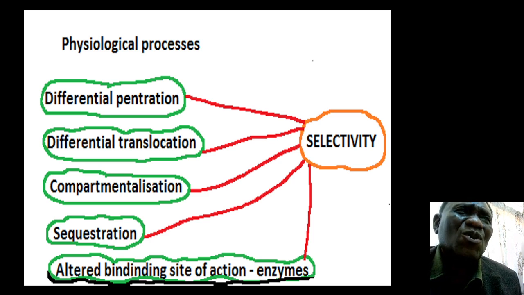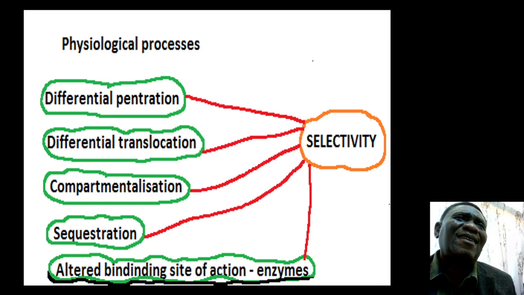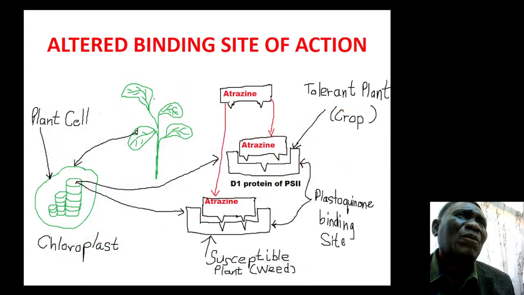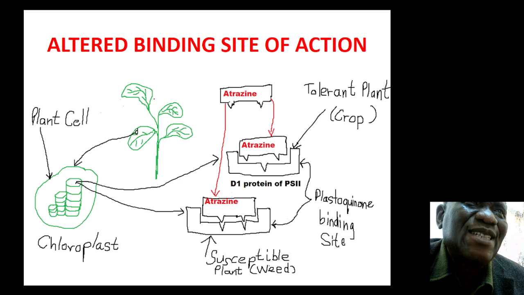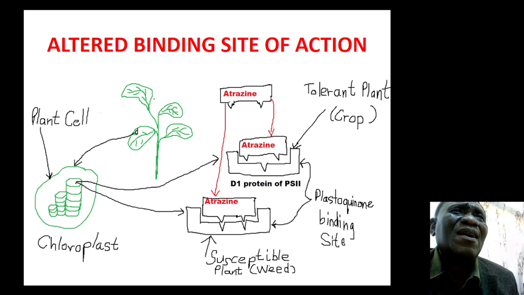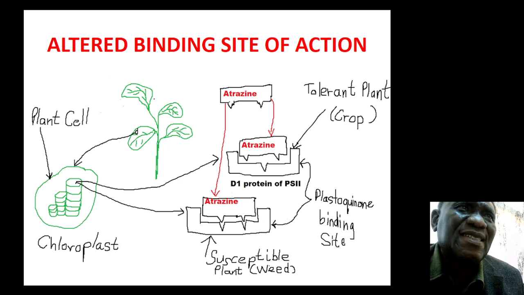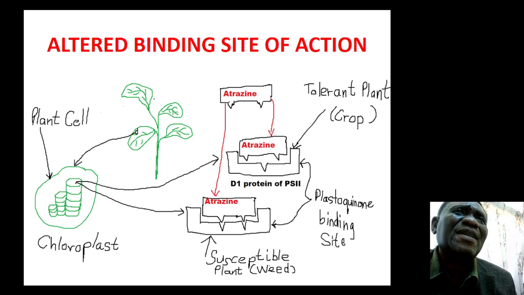Then we also have the altered binding site of action on the enzymes, which I have tried to illustrate. If atrazine cannot fit at the D1 protein, the plant will survive. You have a tolerant plant. If it fits nicely at the plastoquinone binding site, you have susceptible plants.